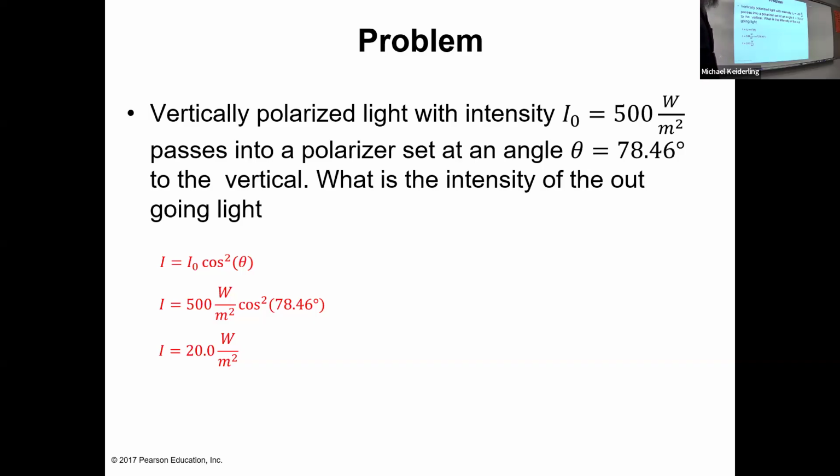The cosine of 78.46 degrees is 0.2. So multiply by 0.2 twice, you get 20 watts per square meter.